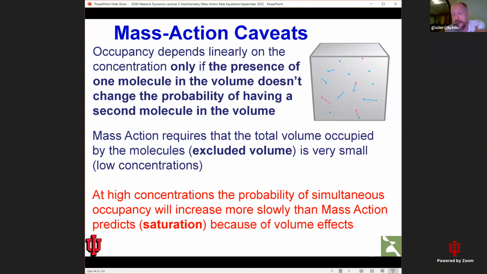And so that means that at higher concentrations, the rate of reaction will go up slower than mass action predicts. Again, that's not a hard bound. In the case of diffusion, Stokes-Einstein is a hard upper bound on the rate of diffusion. You can't do better than Stokes-Einstein. But in this case, it's not a hard upper bound.